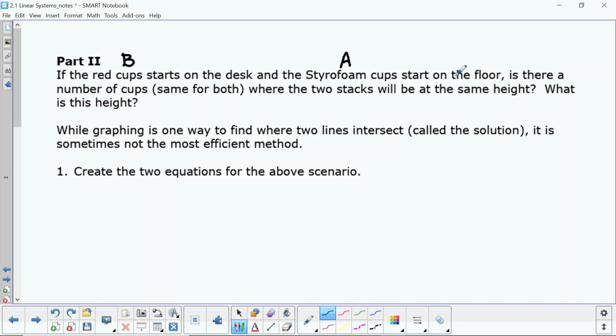So for this situation, if we draw a diagram, this is the ground. Cup A starts from the ground, and cup B is going to be on a desk. So cup B starts from here.